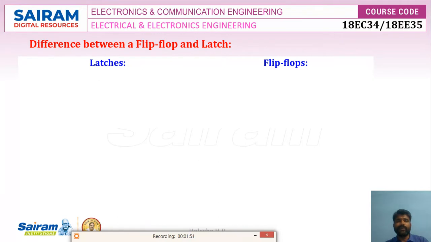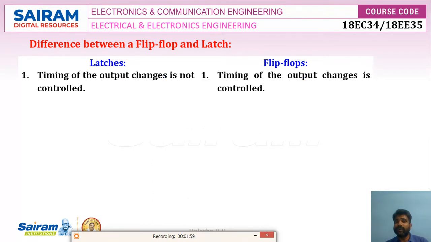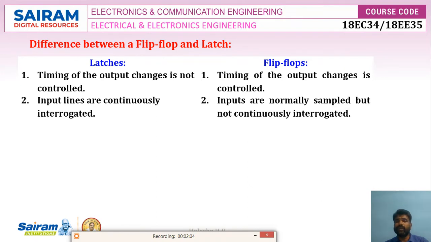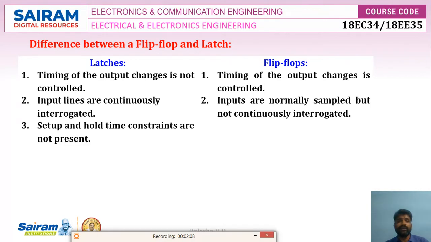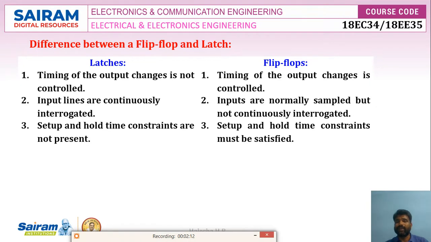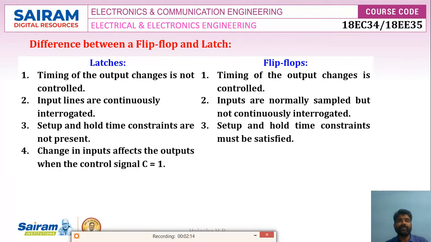Let's see the differences between flip-flops and latches. In latches, the timing of the output changes is not controlled, but in flip-flops it is controlled. In latches, inputs are continuously interrogated, but in flip-flops they are normally sampled, not continuously interrogated. In latches, setup and hold time constraints are not present, but in flip-flops they are present.